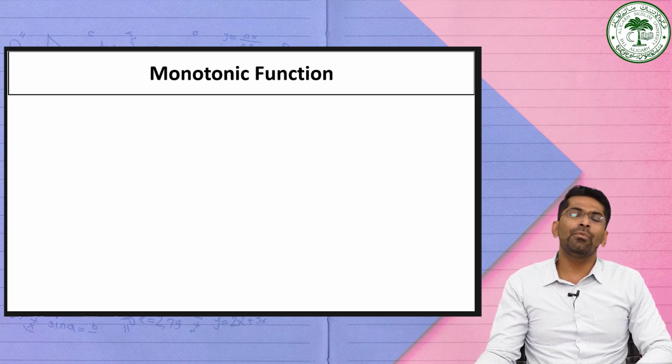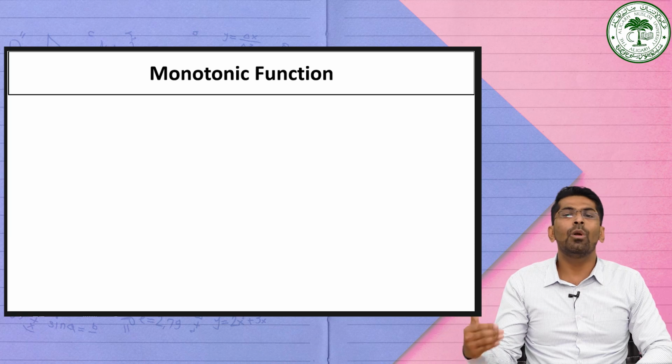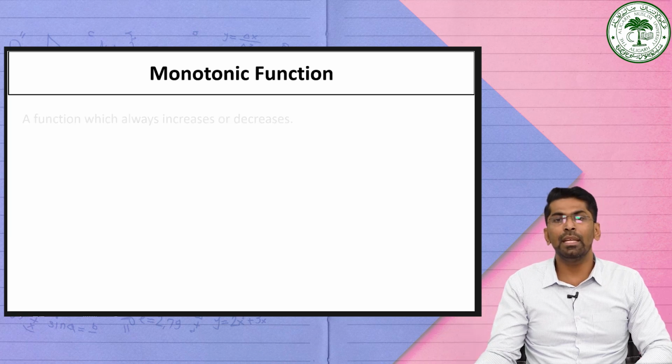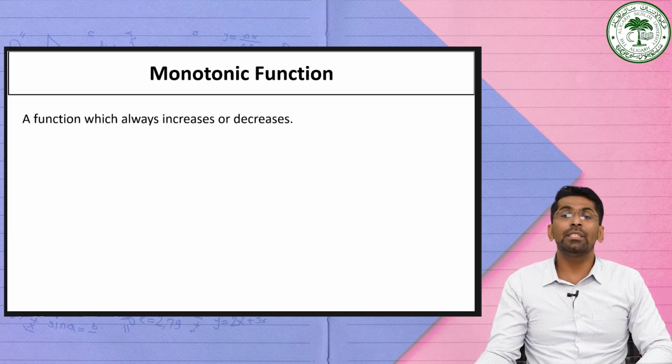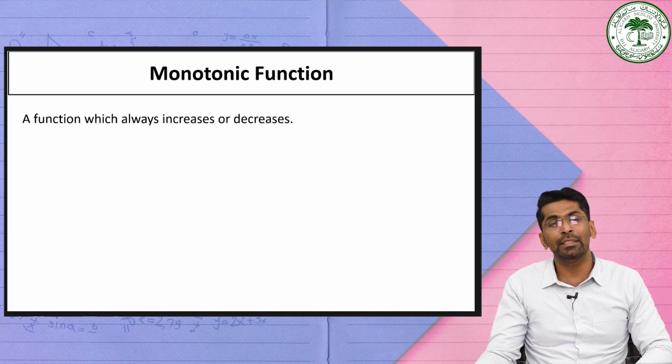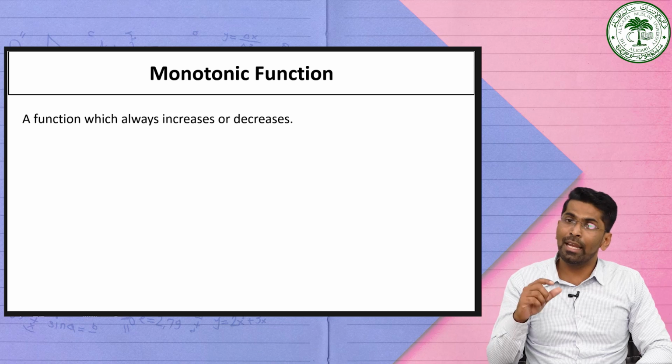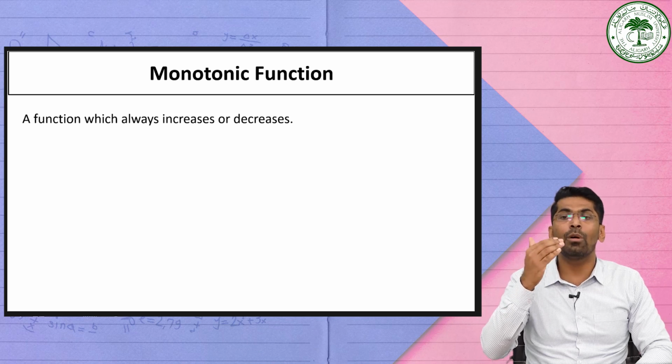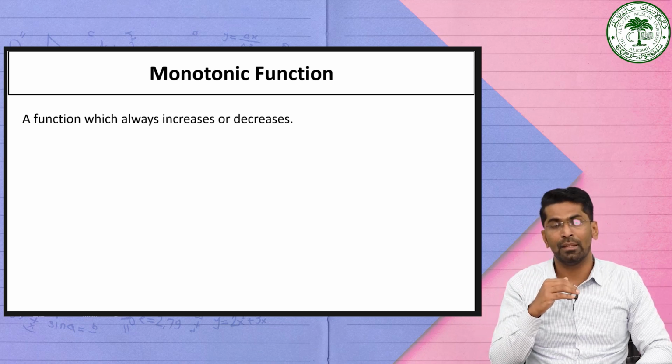Now we have another type of function which is generally known as a monotonic function. A function which always increases or always decreases, we can say that it is monotonically increasing or monotonically decreasing. There are two types of monotonic function, depending upon whether it is increasing or decreasing: monotonically increasing function and monotonically decreasing function.